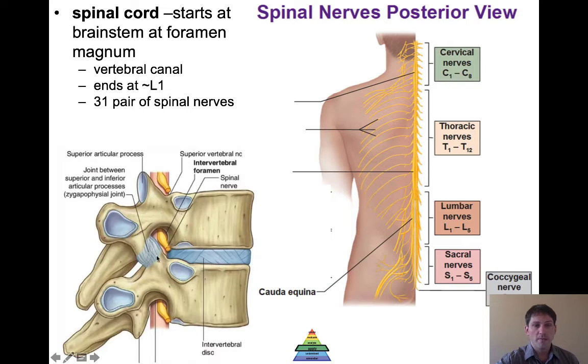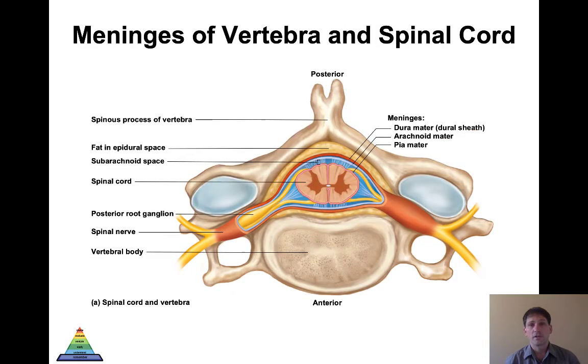And so we can name those along that segment. So we have T1 through T12 and L1 through L5 and S1 through S5. So just like we named our vertebrae, we can also name our spinal nerves coming off. And these are going to go to different regions of our body, different organs, different parts of our skin.